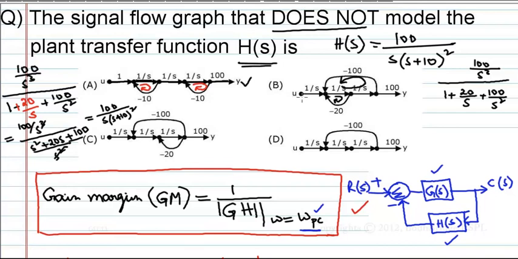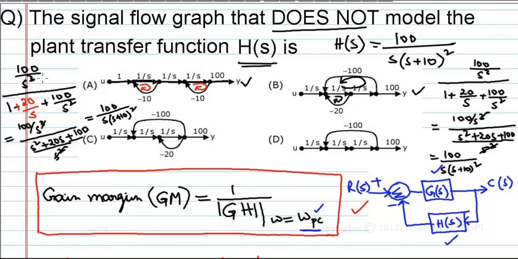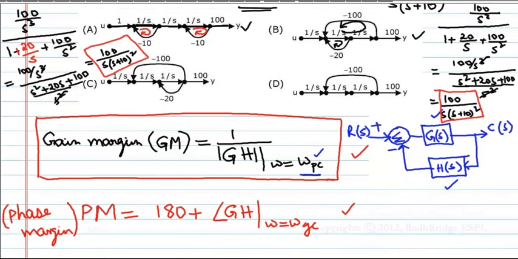Both are touching loops, so there are no non-touching products. Taking S square common, S square plus 20S plus 100, this gives 100 by S into S plus 10 whole square. So this is also okay. We are getting exactly H of S in both cases, so both answers are correct.